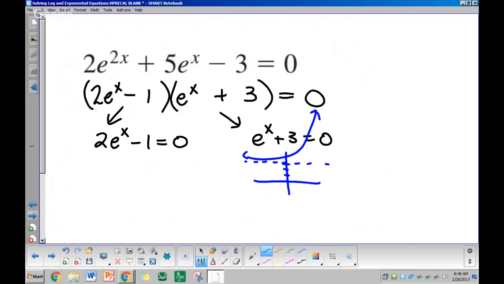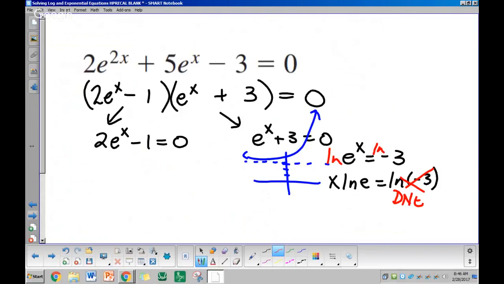And this is how we know algebraically. We would say e to the x equals negative 3. We would take the natural log of both sides, which will be x natural log of e equals the natural log of negative 3. Wait, can we do that? No, that does not exist. The domain error, so we can say no solution for this side.